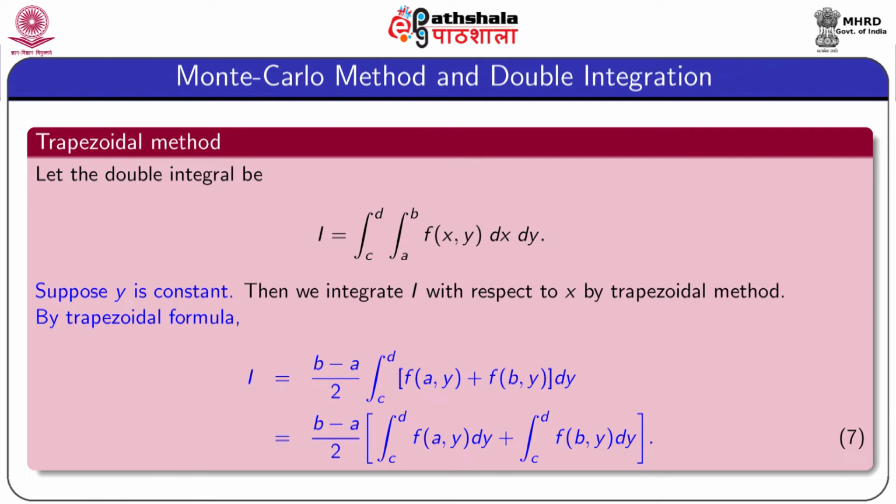That means if we integrate f of x y with respect to x, then we obtain two terms, one is f of a comma y and the other term is f of b comma y. So the integral reduces to equation 7, and 7 represents two integrals, and the variable of these integrals is y, only y is the variable.